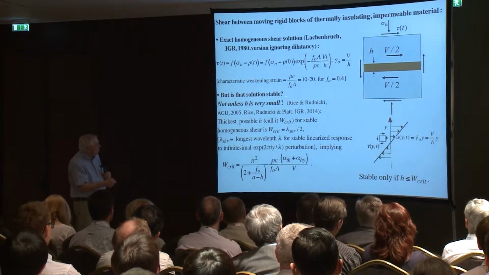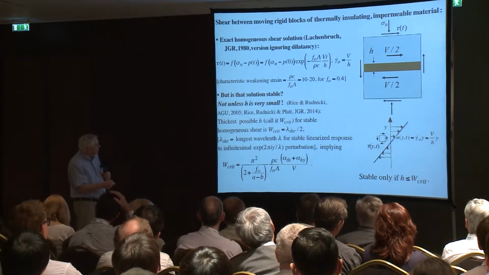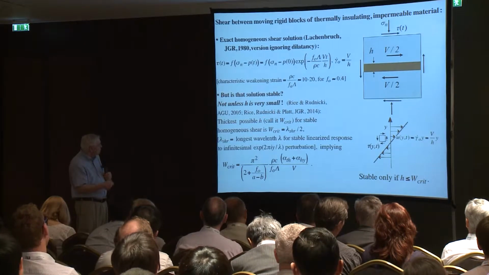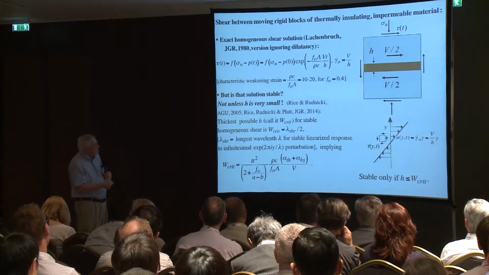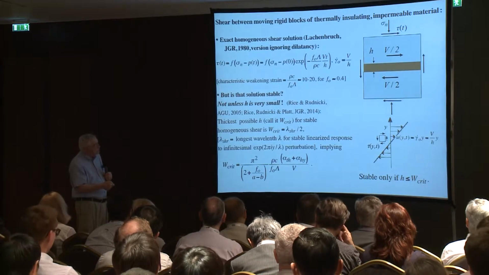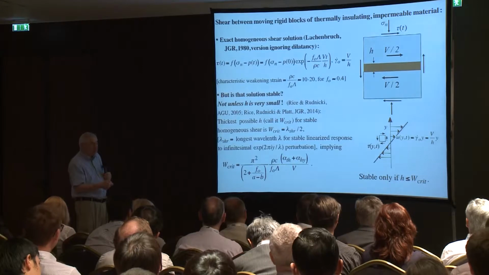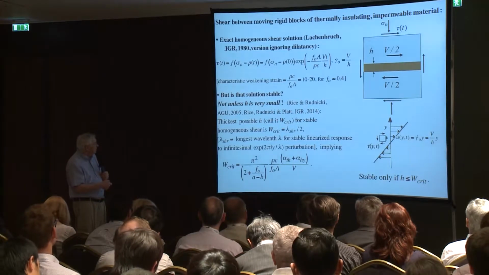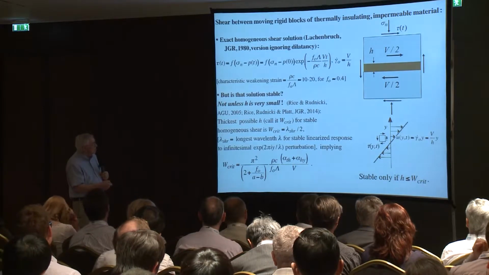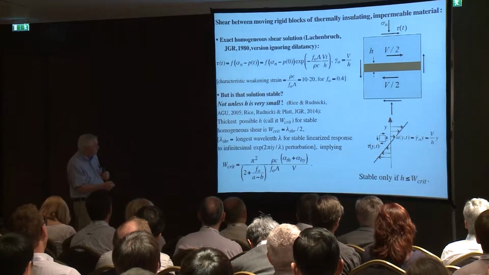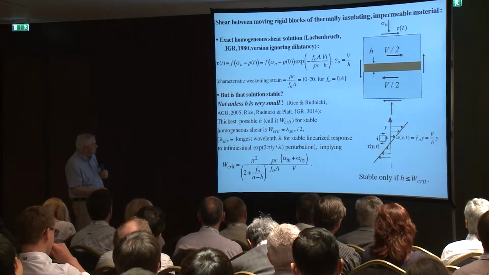But the question Rudnicki and I began to look at later with other coworkers is, is that solution stable? Should you really assume homogeneous deformation over a layer like that or not? And indeed, we found that the solution is unstable unless the thickness is extremely small. And I'll give you some numbers for what extremely small means soon.